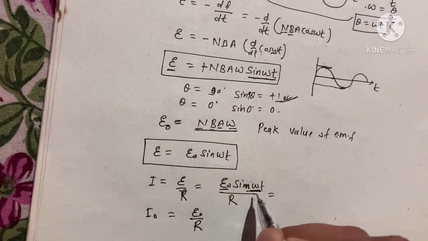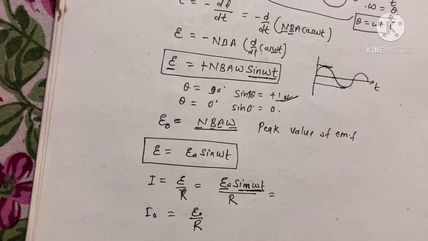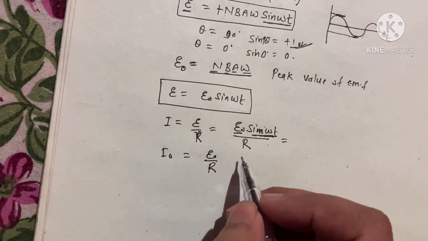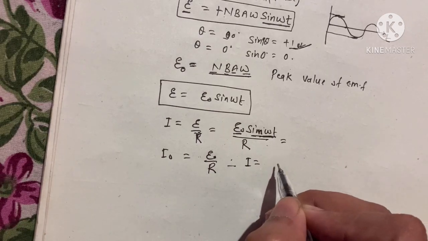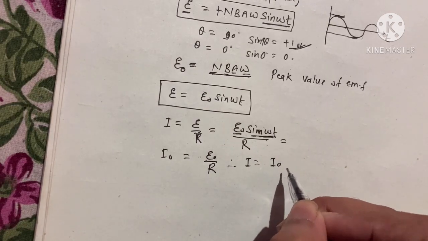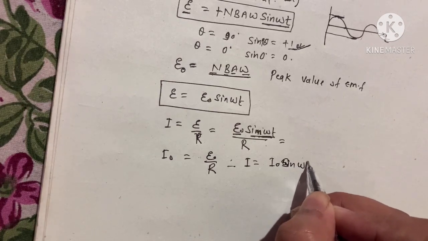We get this when sine omega t becomes sine 90 degrees. So I can write I is equal to I naught sine omega t.